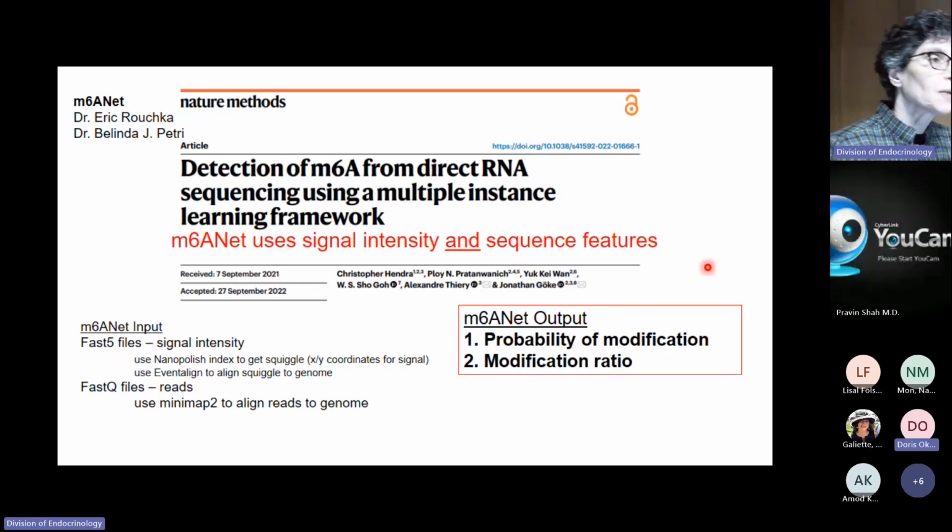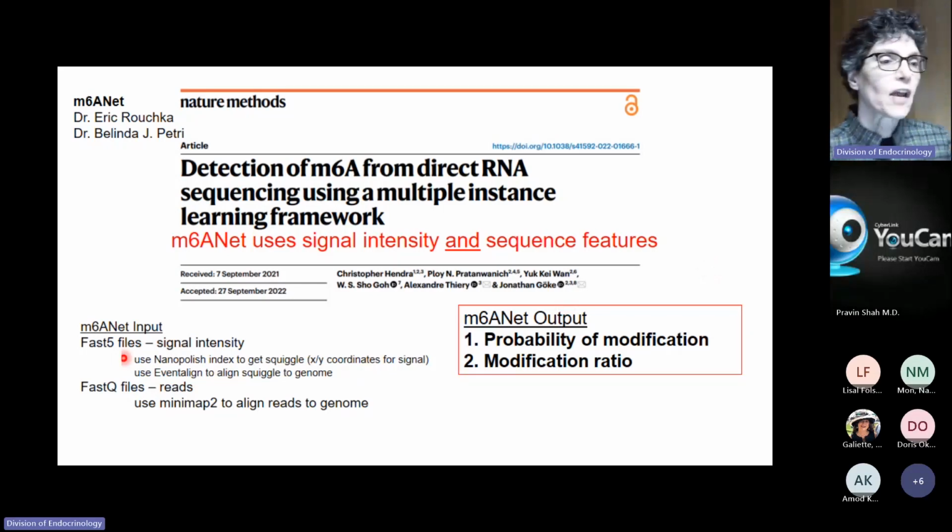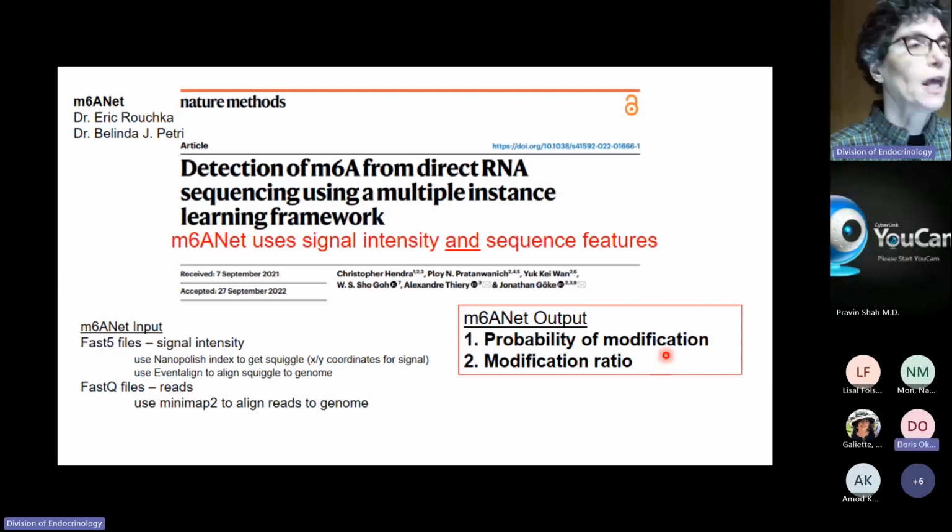But he and Belinda Petrie have spent an enormous amount of time figuring out the best way and correcting the scripts in R to make this work. And the inputs are the FAST5 files for signal intensity and the FASTQ files for the reads. And the output is probability of an m6A modification and the modification ratio.